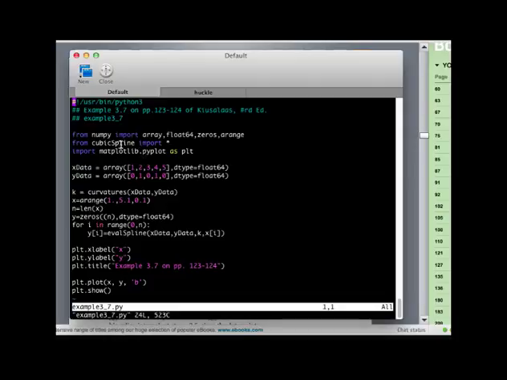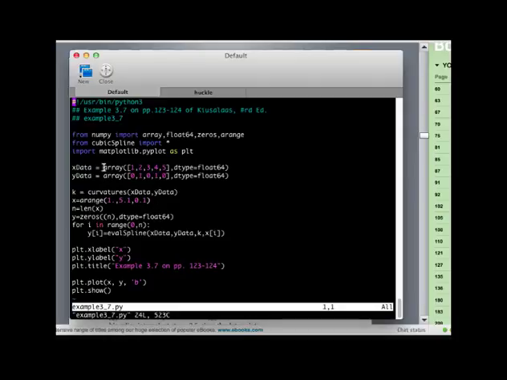We're going to use our cubic spline module, use all the functions in there, and because we're going to plot, we'll use matplotlib, and one way of specifying it would be using an import statement like this, because we want to use pyplot and just use an alias for pyplot as plt. So it'll be a simpler way of using all the functions that are available in matplotlib for curve drawing.